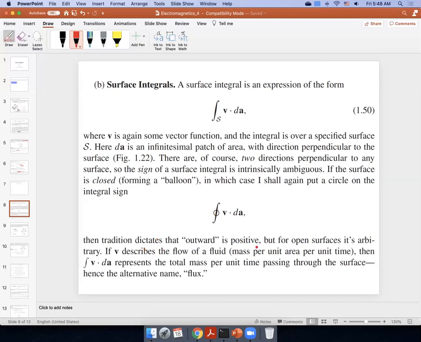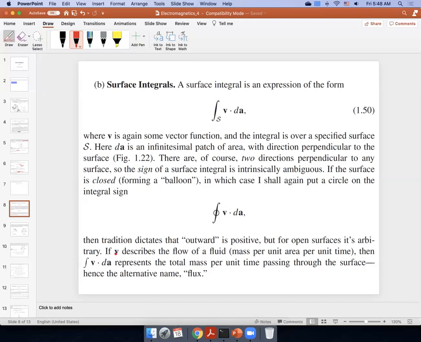So by default, if an example doesn't give you any hint of the positive direction, just look at the surface itself. Outward means positive. But for an open surface, we have to define a positive direction. Otherwise, it's arbitrary.